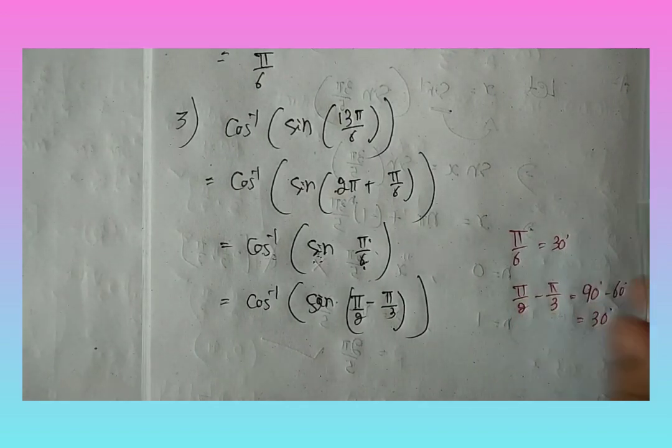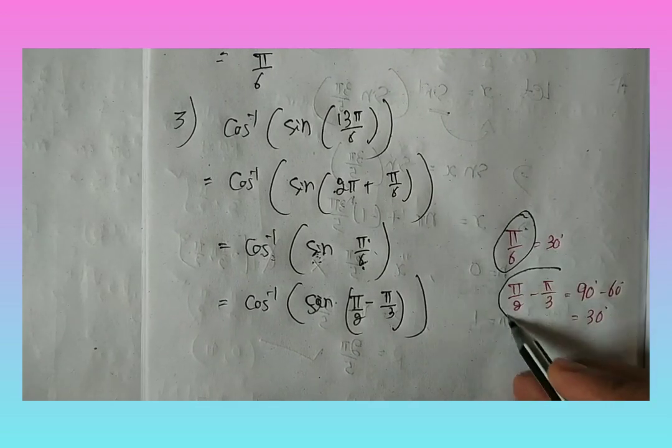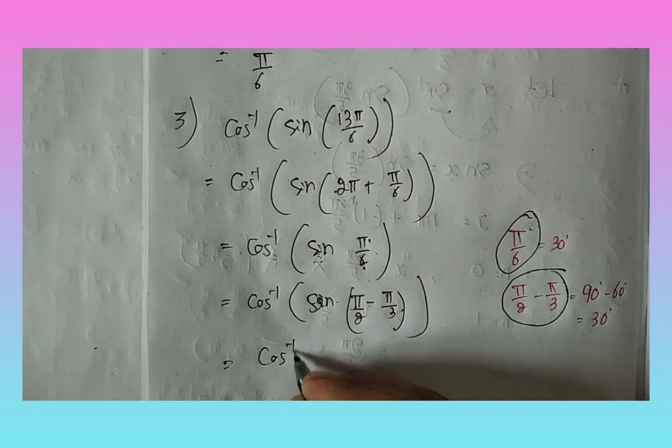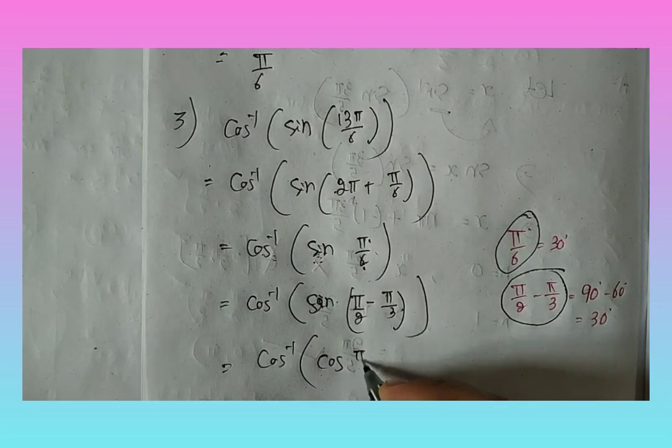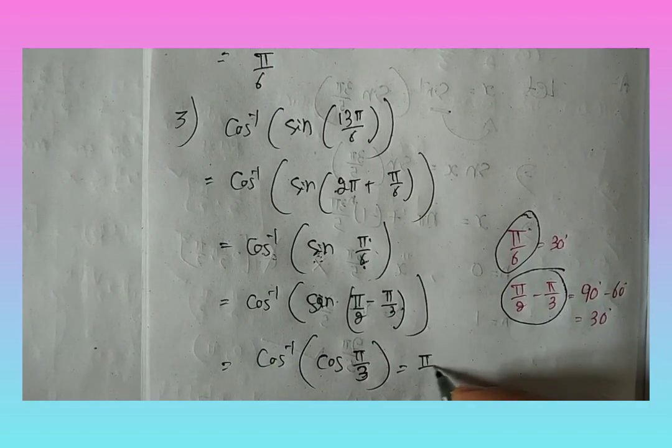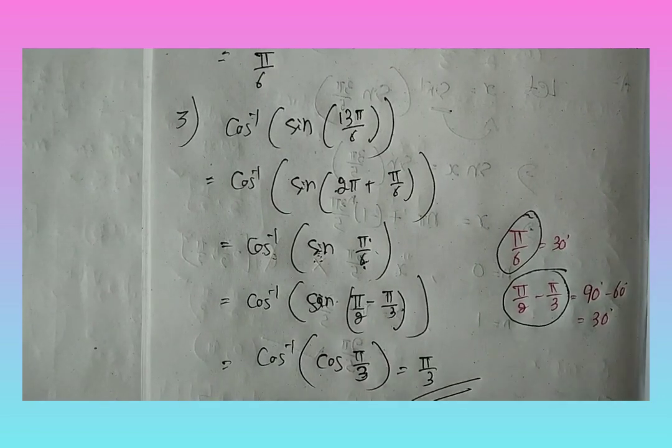Instead of writing pi by 6, we can write pi by 2 minus pi by 3. Sin of (90 minus theta) is cos theta, and this is equal to pi by 3. This is our result.